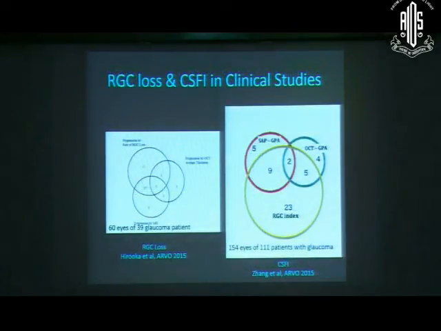And these retinal ganglion cell loss and CSFI have been used in clinical studies, and they are picking up more progression than both visual fields or OCT progression. But there's a big question mark over the number of people who are being picked up by these, like, for example, the retinal ganglion cell index loss, whether these are false positives or truly patients who are progressing.